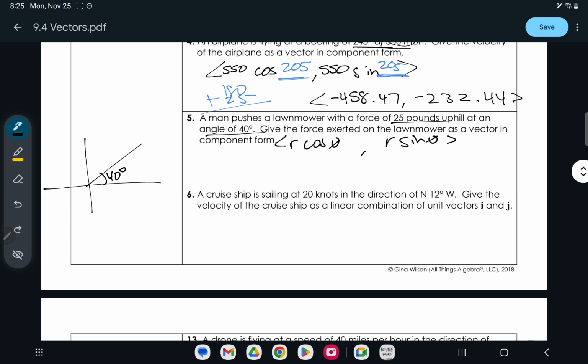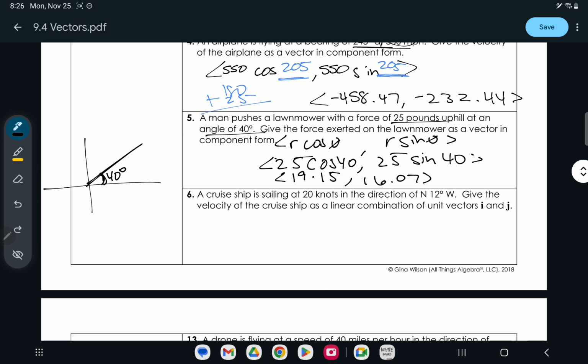The force is that 25 pounds, so we're going to do 25, and then this angle is already given to us. So 25 cosine 40 and 25 sine 40. If I put it in a calculator, I get 19.15 and 16.07.